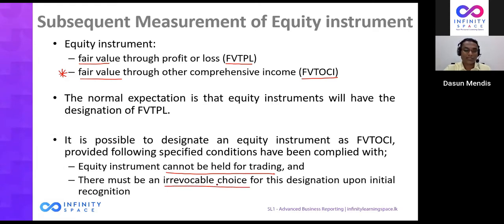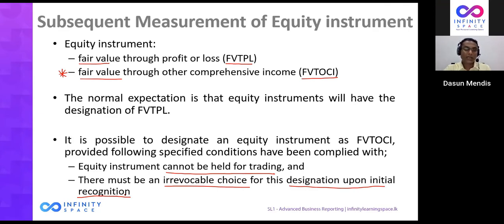You can't reverse your choice. If you put it under FVOCI, that's it, irrevocable. As well as that, the designation under FVOCI is to be done at initial recognition. On day one itself, you have to put it under FVOCI.